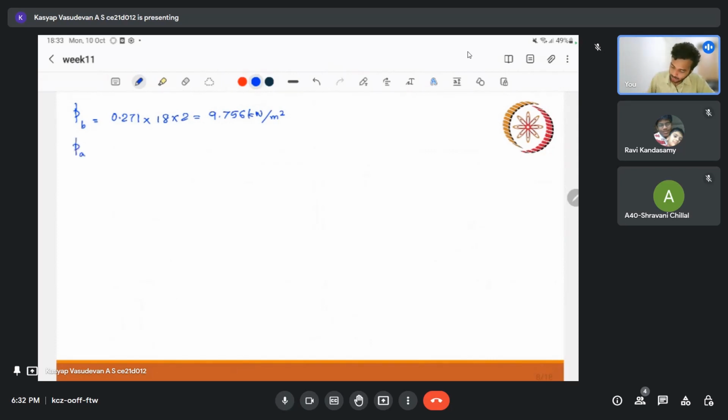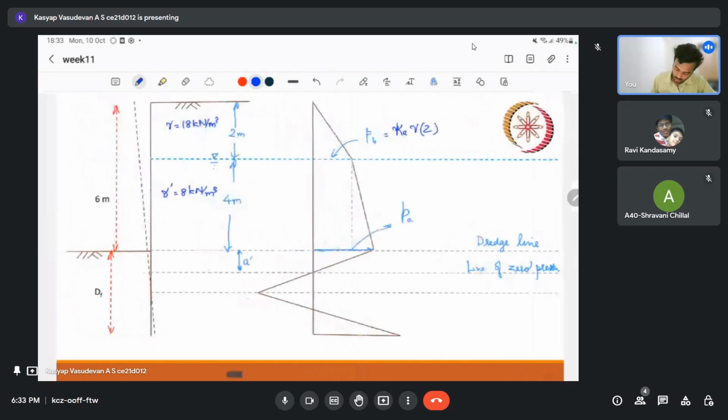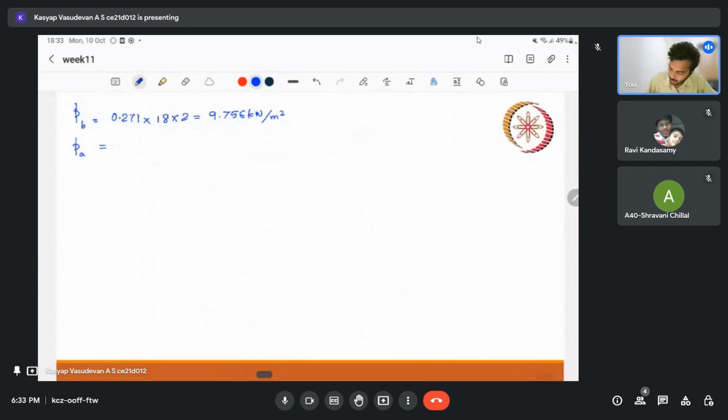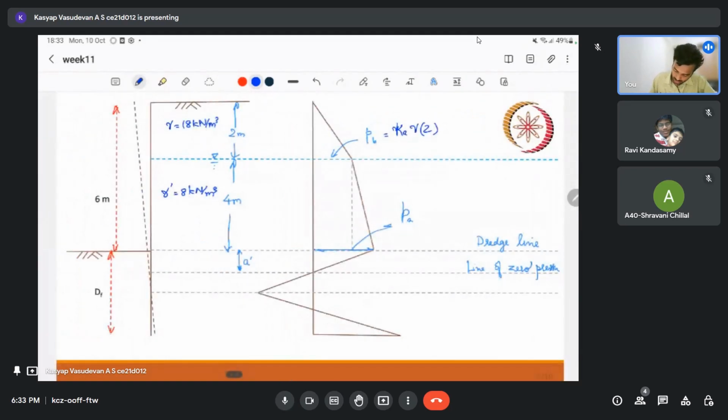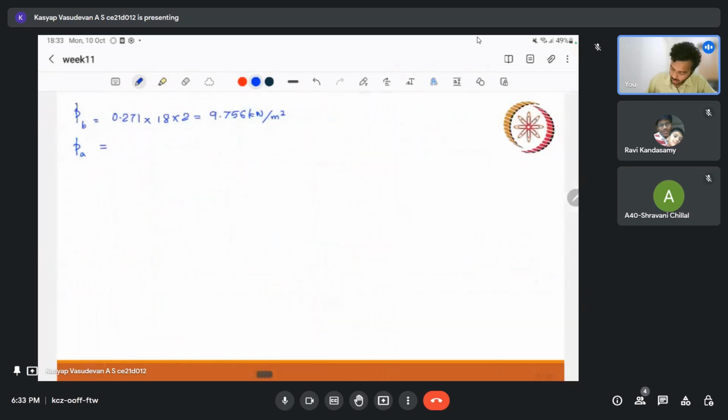So at A, if I write PA, that is at this depth, that is the dredge level. At dredge level, if I want to find out, it will be basically this PB, that is this value, plus our depth in the submerged region. So the first term will be the same as before, PB, that is the first 2 meter. In the next 4 meters, we have submerged unit weight.